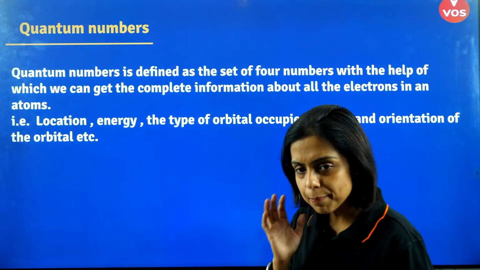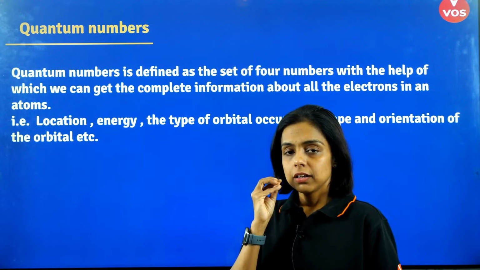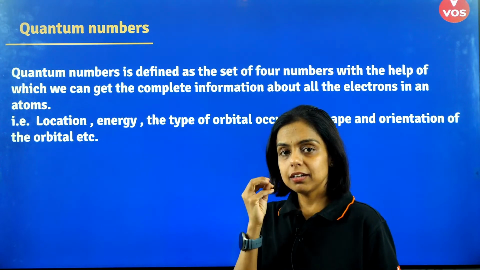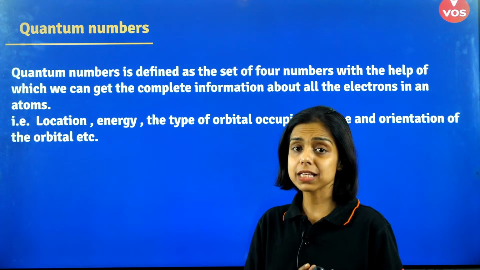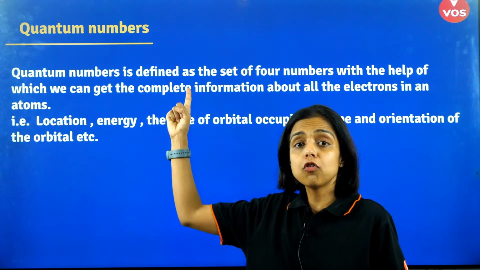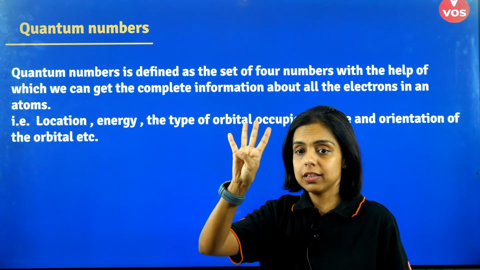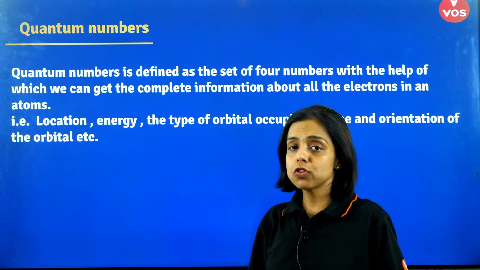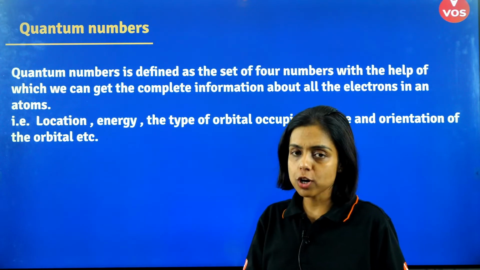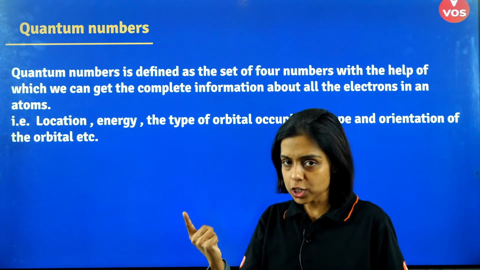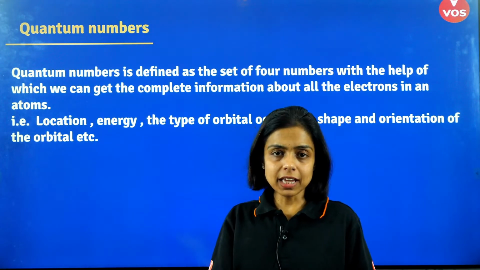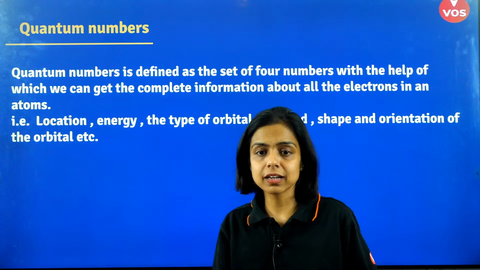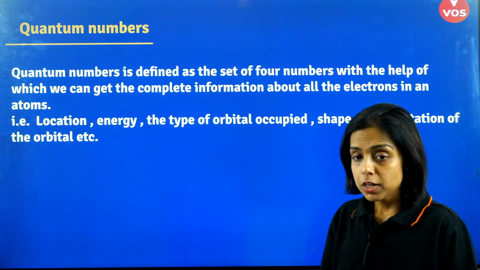So in simple form, the information about an electron is expressed in terms of 4 numbers. This is a set of 4 numbers which will give you information about an electron. That means its probable location, its energy, how far it can be from the nucleus, shapes and everything.